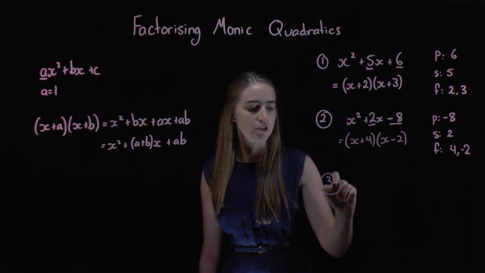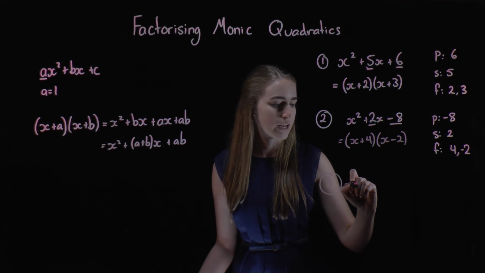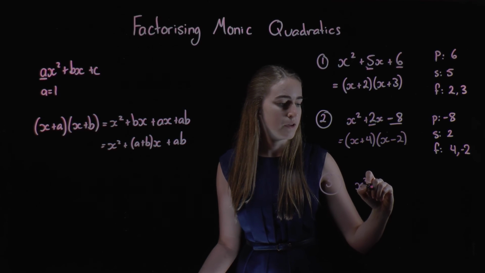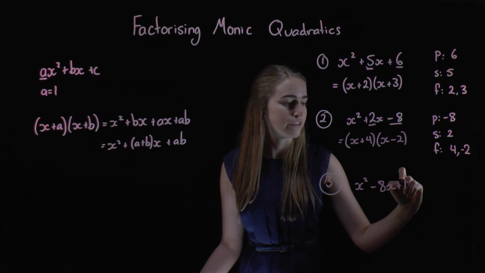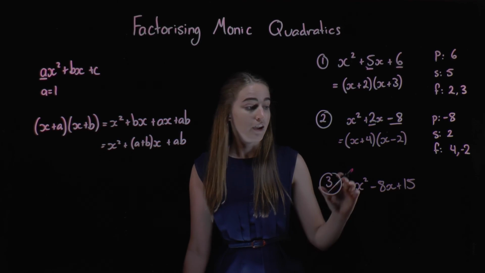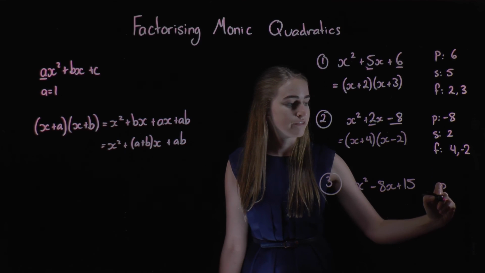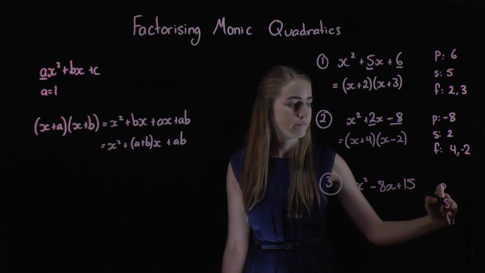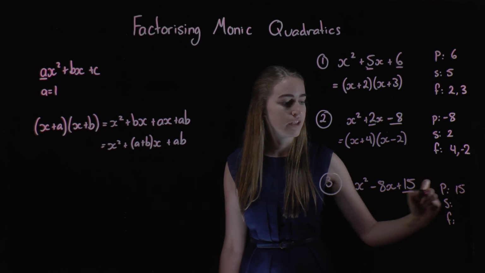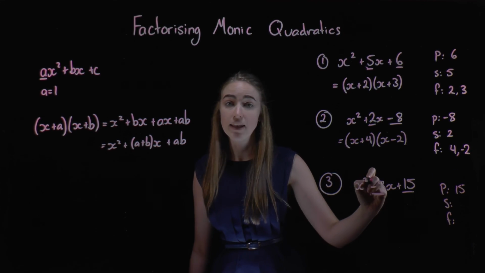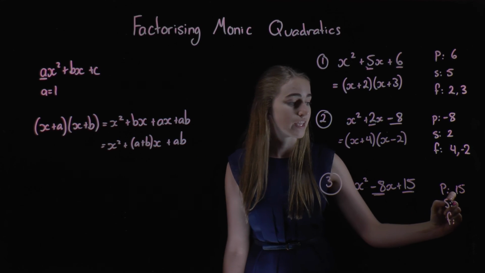Let's have a look at a third example. This time we're going to have x squared minus 8x plus 15. All right, so again, PSF down the side. We want a product of 15. We want a sum of minus 8, so being really careful of that negative again.